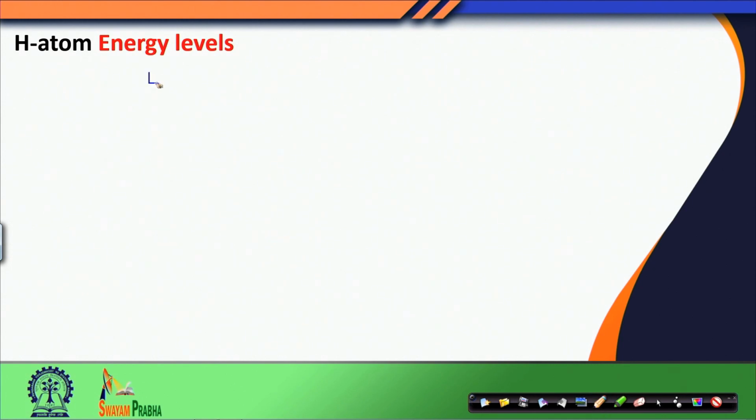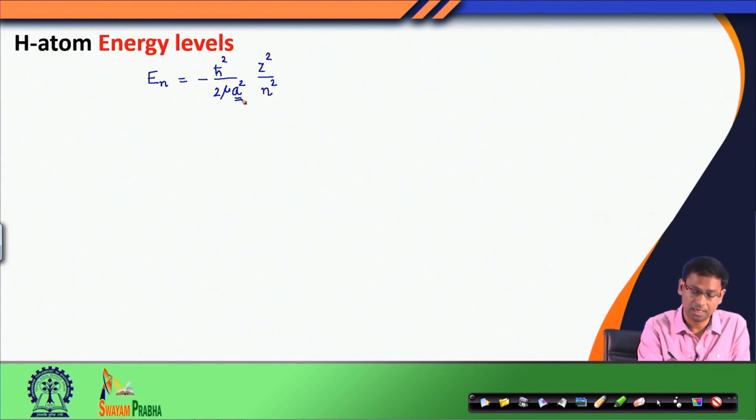If you remember, we obtained the expression for the energy level E n given by minus h bar square divided by 2 mu a square, z square divided by n square, where a is the constant known as the Bohr's radius, whose value is 0.529 angstrom, and h bar and mu are again constants for the system. H bar is the universal constant and mu is the mass of the electron or the reduced mass of the hydrogen atom.